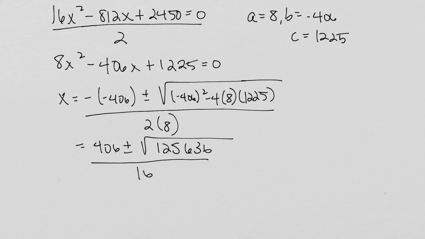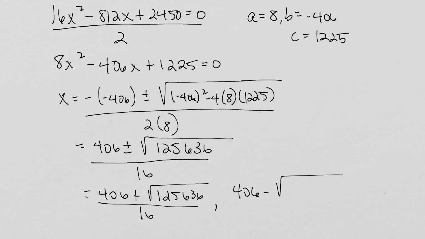and that's 406 plus the square root of 125,636 over 16. My other solution is 406 minus the square root of 125,636 over 16.